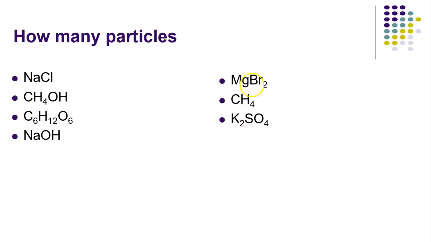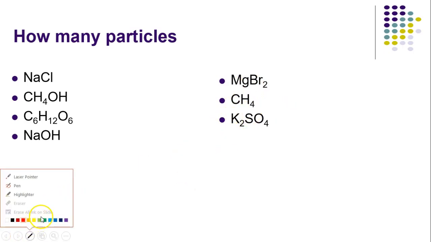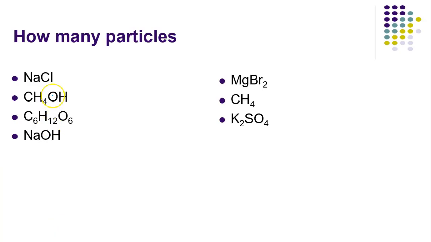Okay, so here we go. First one, sodium chloride, NaCl. We have to decide if this is an ionic compound or a covalent compound. So we have a metal plus a non-metal, and I know that metal plus non-metal is ionic. Now, how many particles is this?